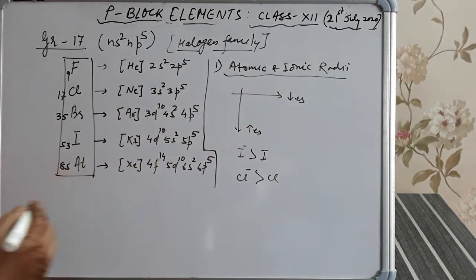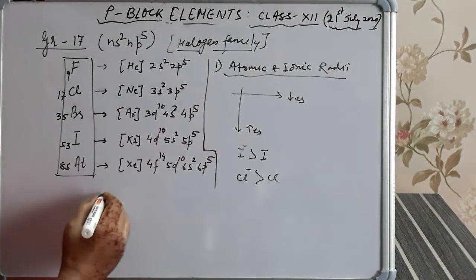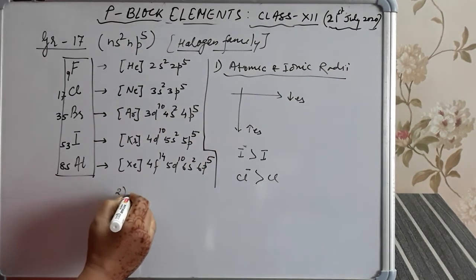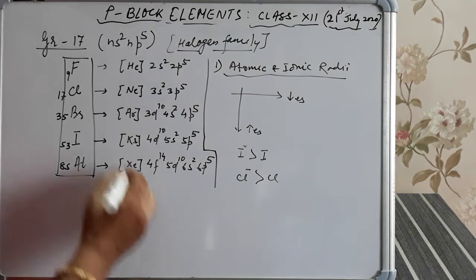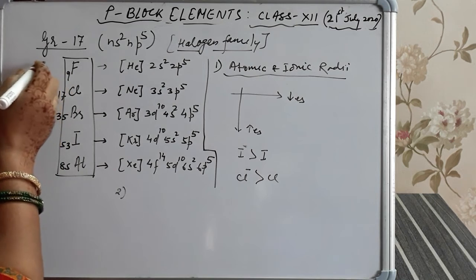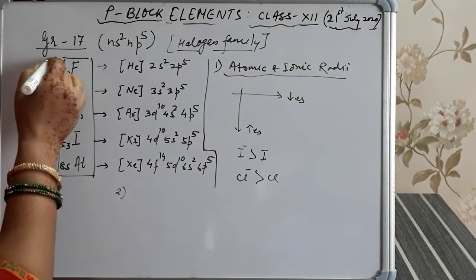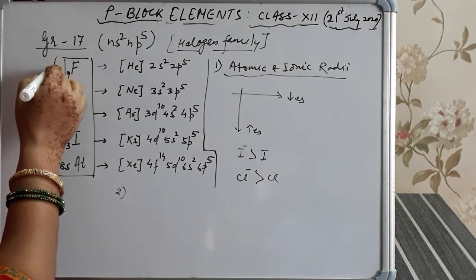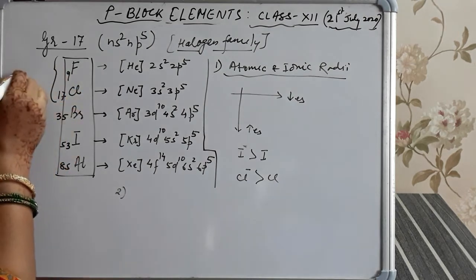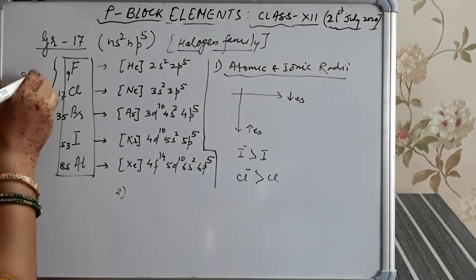Let's discuss the next characteristic. At first, the physical status. Fluorine and chlorine exist in the gaseous form.